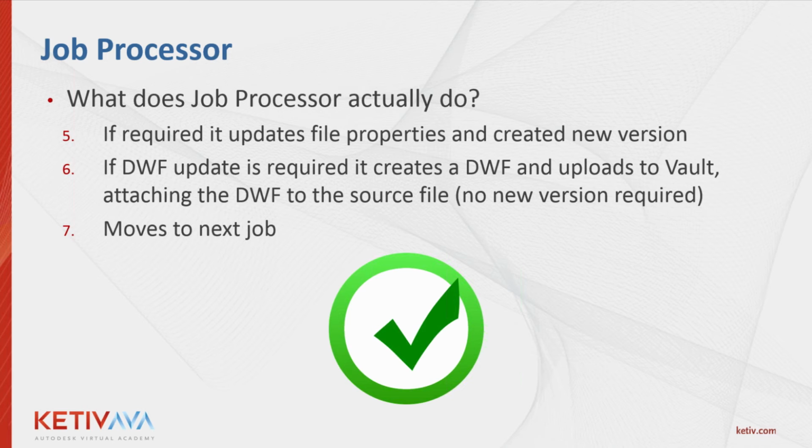If a DWF is required, it's going to open up and create that version of the DWF onto the local drive. It's then going to check it into Vault and attach the DWF and the source file together. Okay, so creating a DWF doesn't generate a new version, but synchronizing properties does. It then goes and moves to the next job.